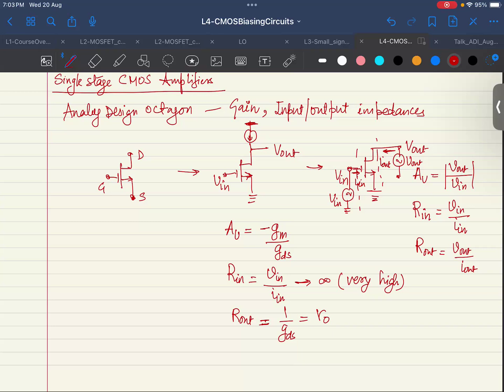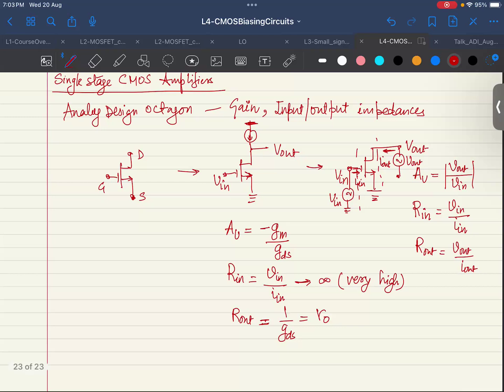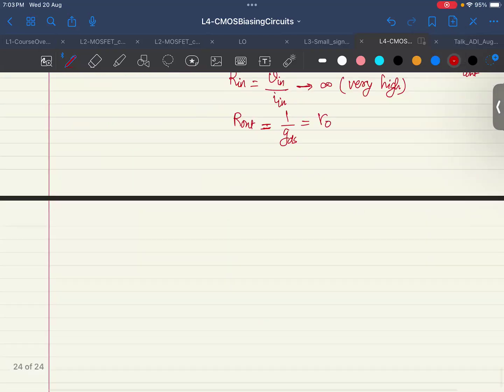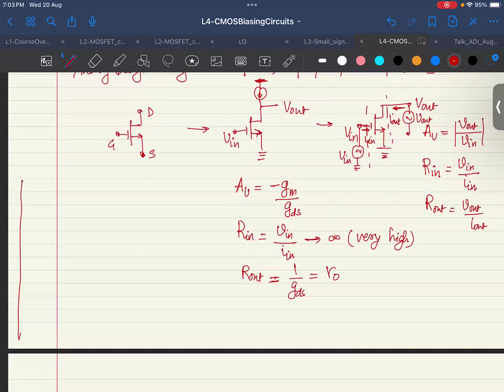So this all can be looked at very simply from the small signal analysis of this circuit. But why stop at this circuit? Rather than just the gate, drain, and source as before, one of them I have to make a reference, but I could also think of a configuration where the gate is the reference, and the source is where you apply the input, and the drain is where you take the output.